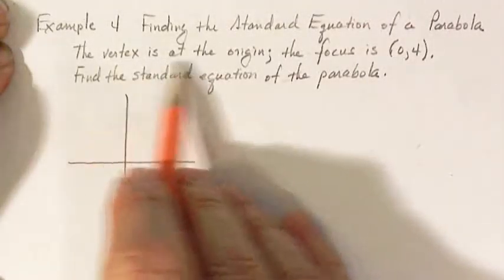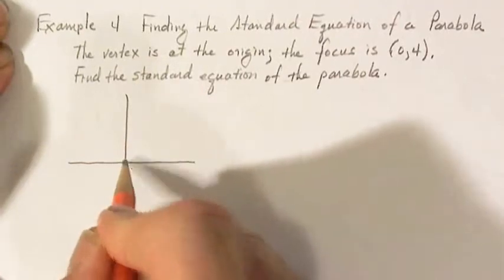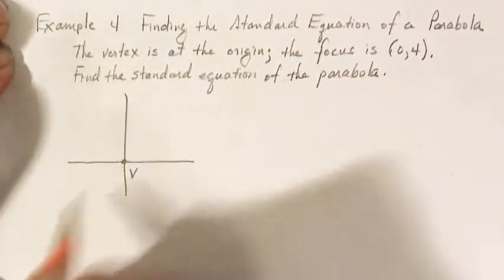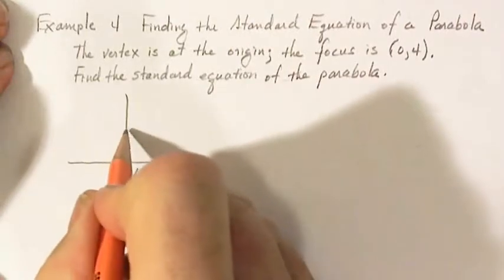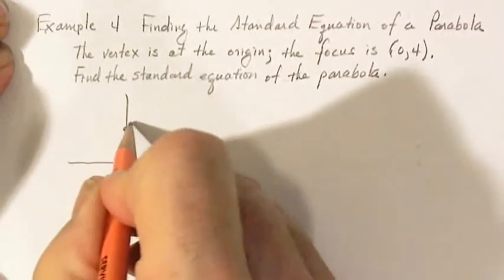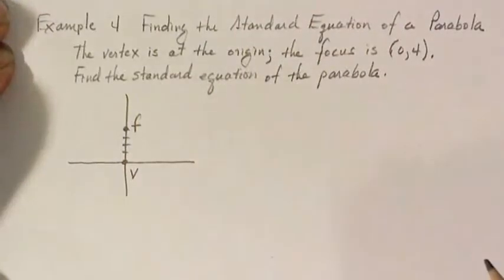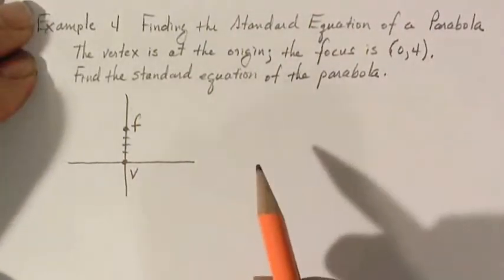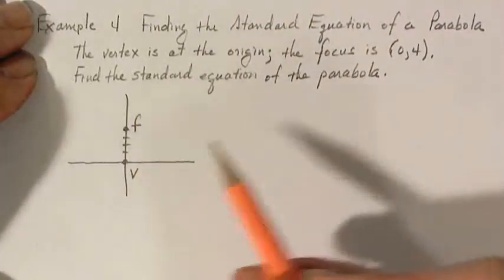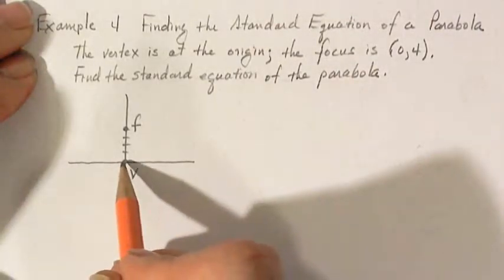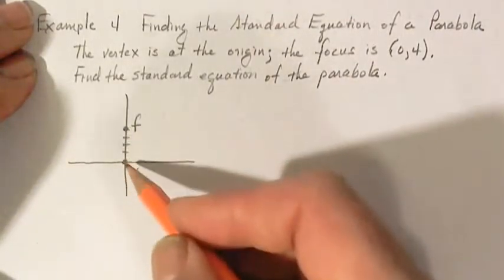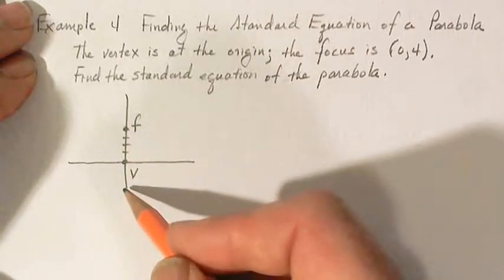So the vertex is at the origin. Here's V. The focus is at (0, 4). 1, 2, 3, 4. So there's the focus. And if you remember from the picture previously, the vertex was midway in between the focus and the directrix.